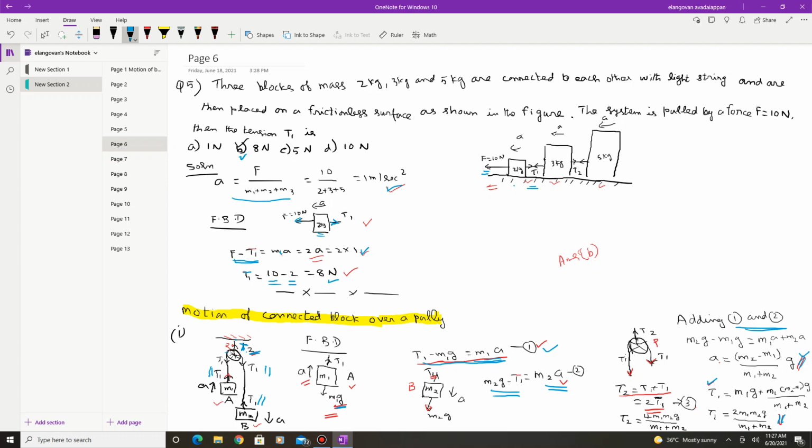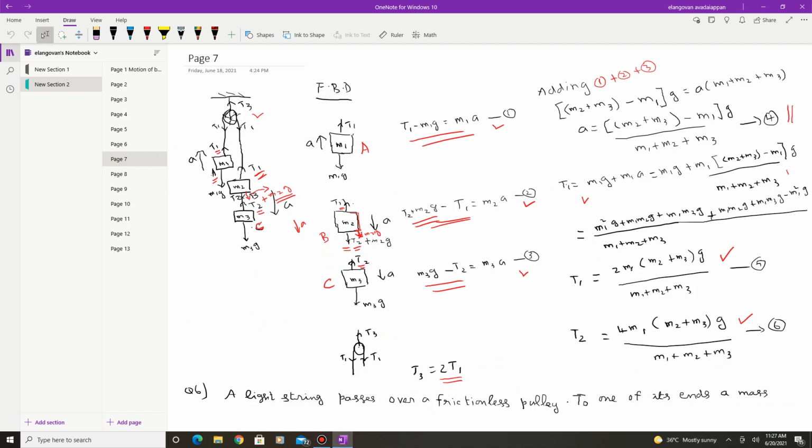Alright, you have calculated acceleration and T1. If you substitute the value of T1 in equation 3, then the tension T2 is equal to 2 times T1. So all the three can be determined for such types of systems.